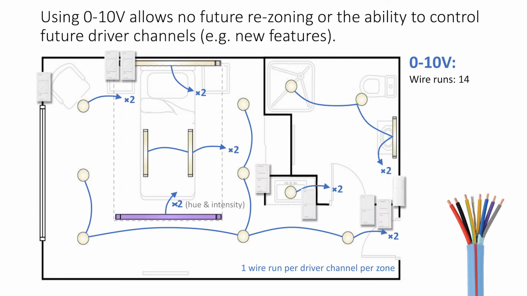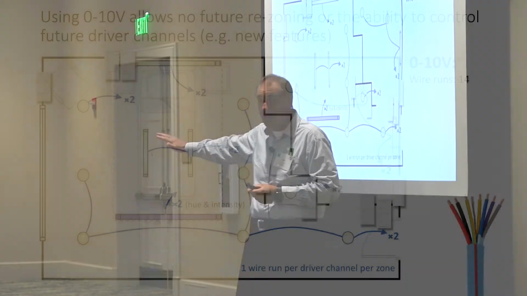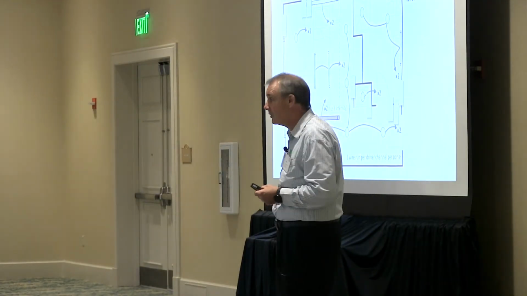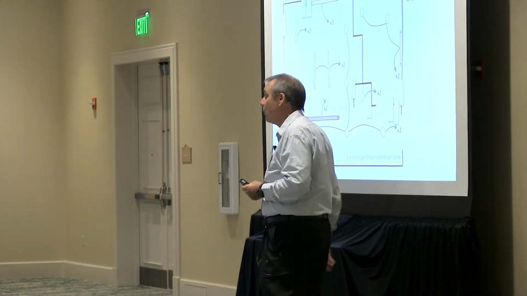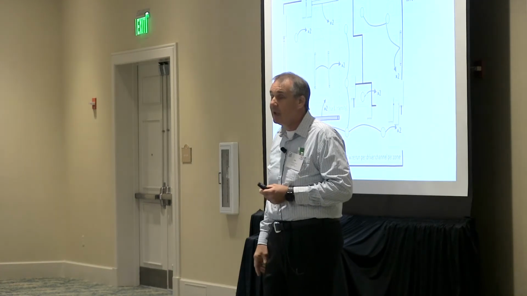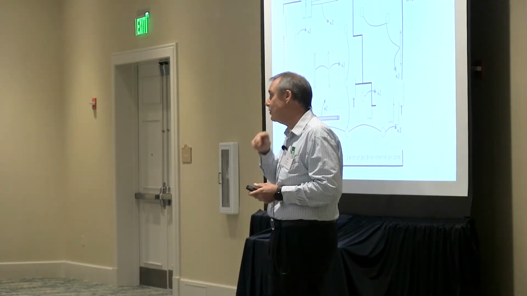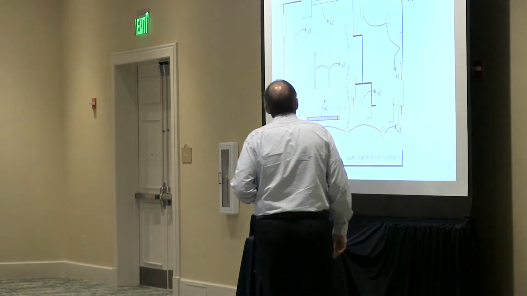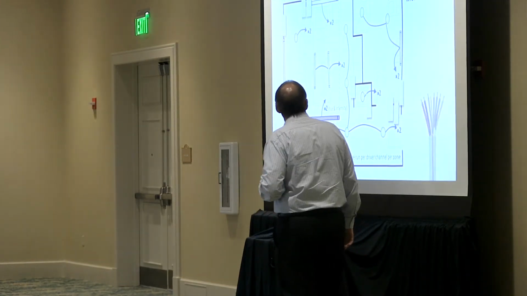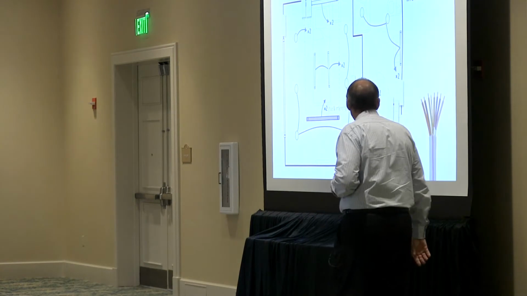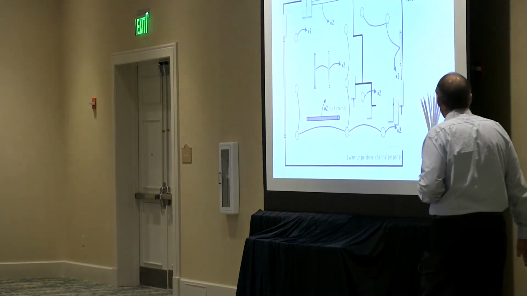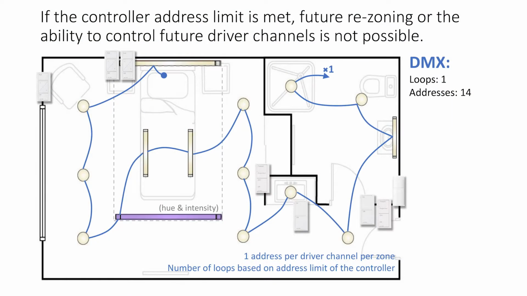We've got to keep it separate from the power wiring because of interference, and we've got to land the power wiring in the fixtures. This is like Mission Impossible for a lot of electricians. So you're going to end up with bundles of cables and trying to fix it.